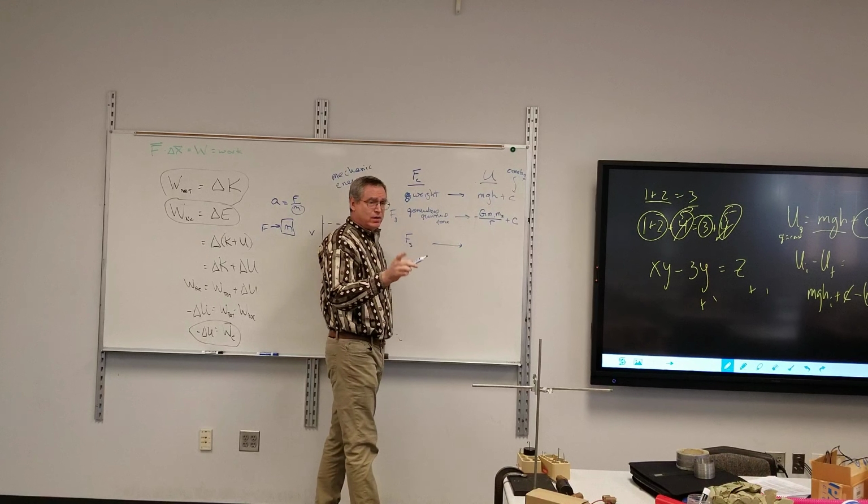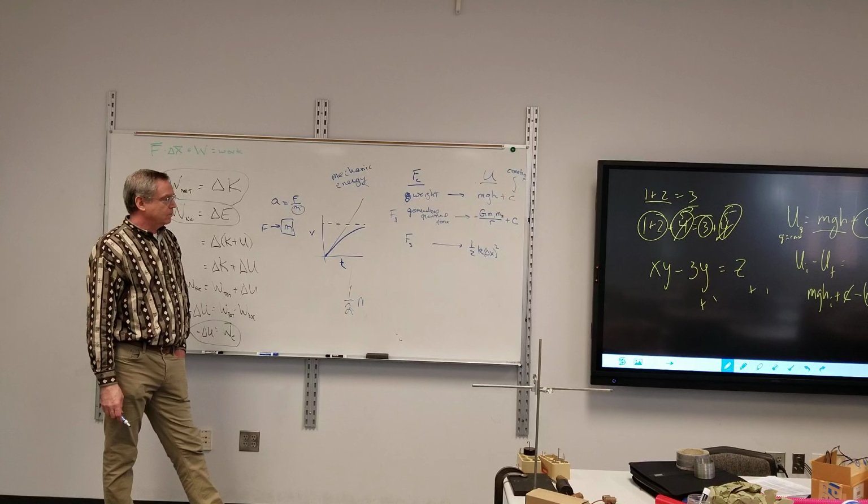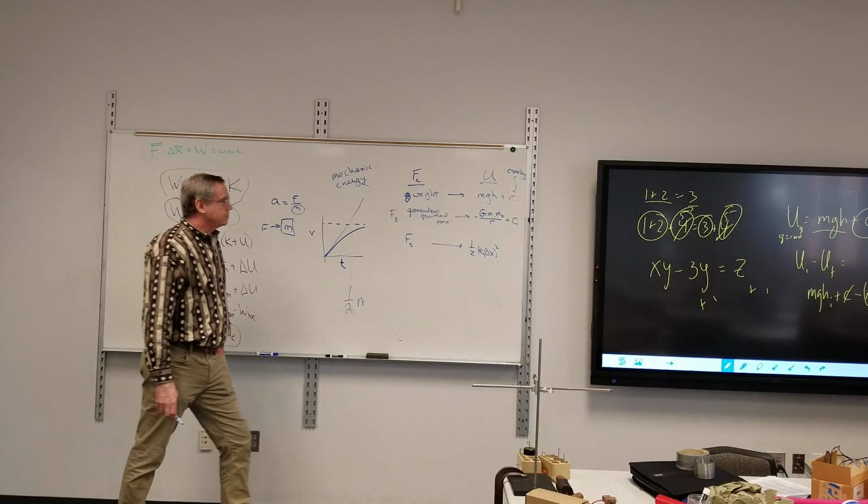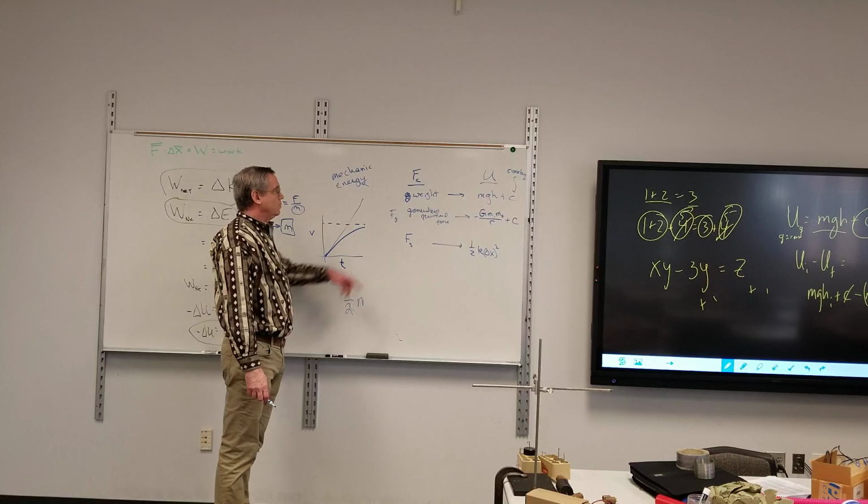K is something known as the spring constant. It deals with how stiff the spring or the elastic material is. And delta x is how far the spring or elastic material is displaced from its equilibrium. What's that word above gravitational force? Generalized.